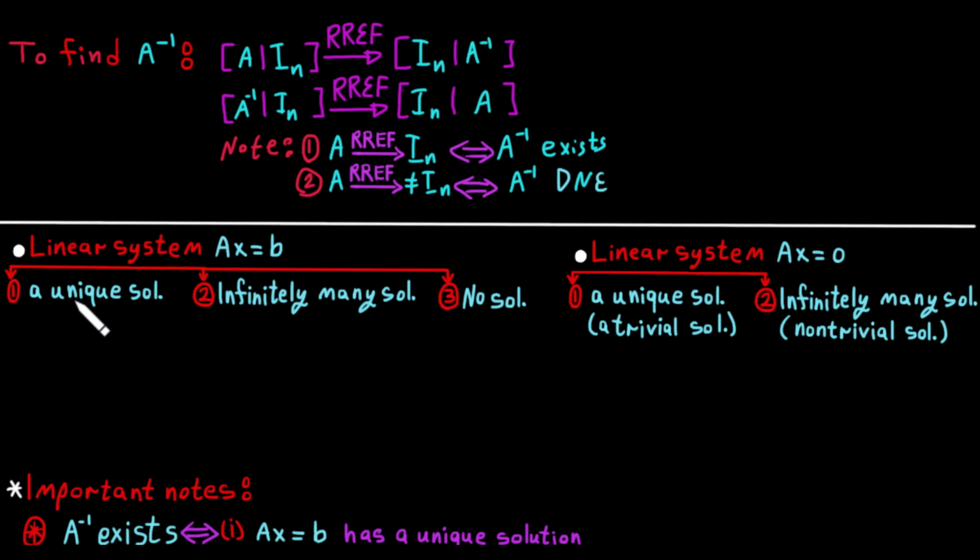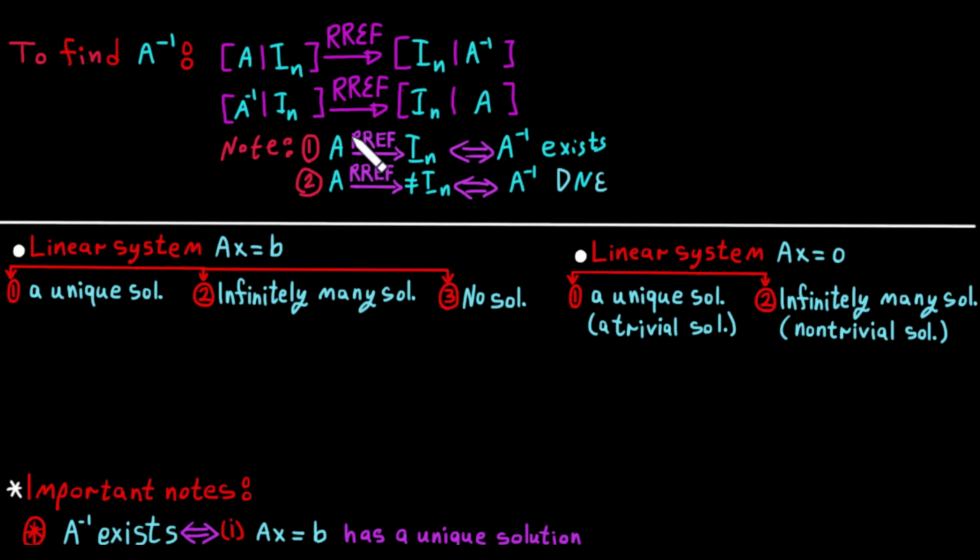That's why here we say A inverse does not exist, but here and here we say A inverse exists. So if you can transform A to the identity, then A inverse exists.